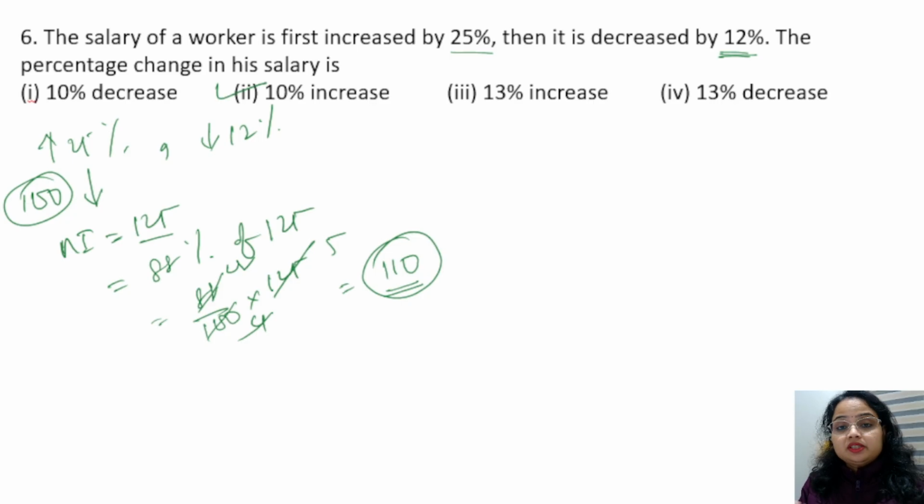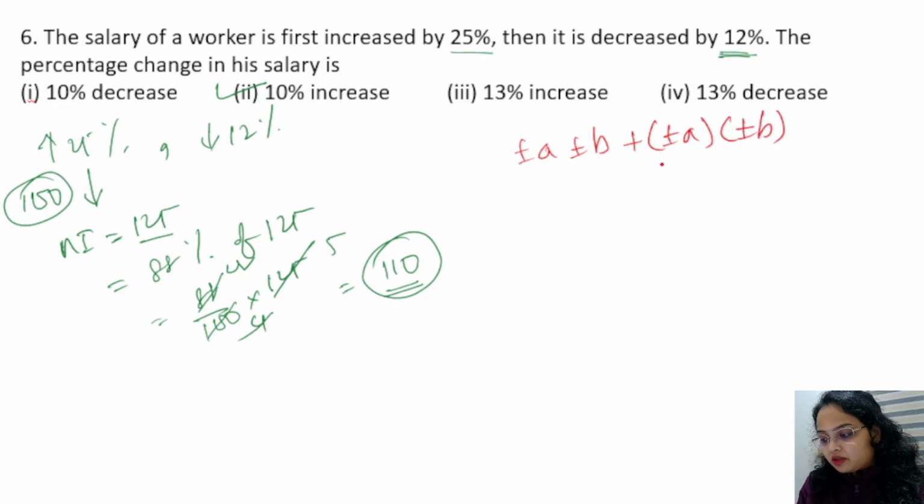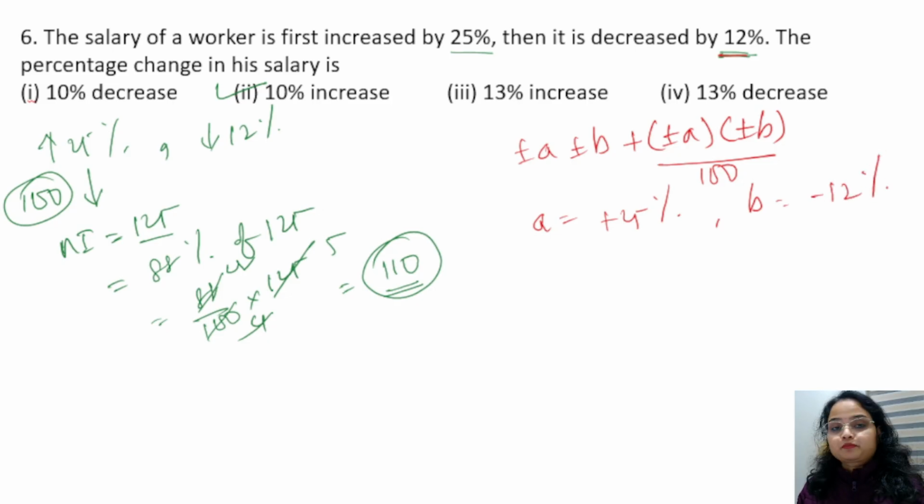We will do this in another method. It is plus or minus A plus or minus B plus of plus or minus A into plus or minus B divided by 100. Here A is an increase of 25%, so plus 25. And B is a decrease of 12%, so B is equal to minus 12.